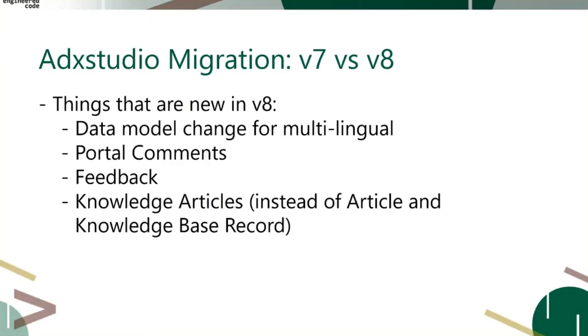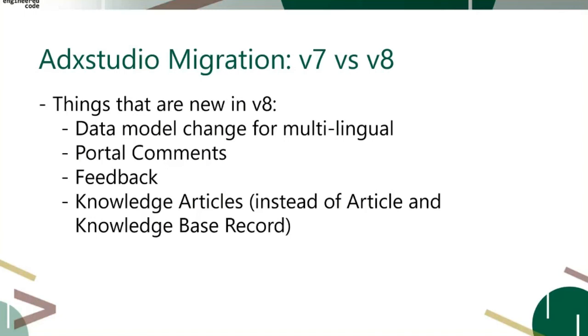A couple other things that have been included are the portal comments. That's a new entity in the CRM used to replace, in version 7, a number of places where it used notes to capture comments. For example, it's typically used on cases when people are adding notes on a case. In version 8, those are typically done using portal comments as opposed to the notes entity.